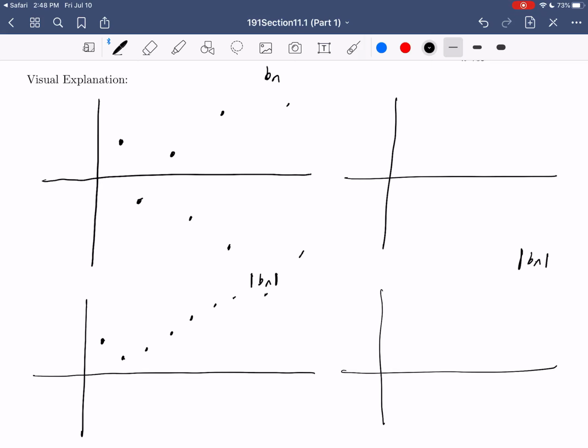If the absolute value of b sub n goes like that, then yes, this will be alternating. But notice that since this is approaching down to 0, even though it's alternating back and forth, it is tightening along 0. So in this situation, we would have that it converges, whereas over here, it diverges.